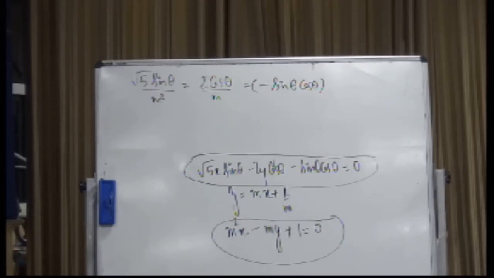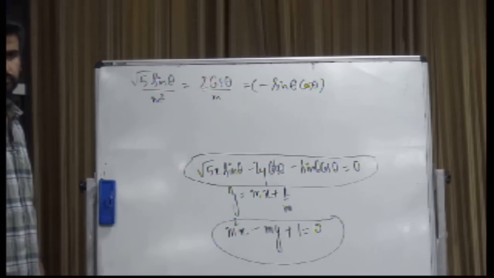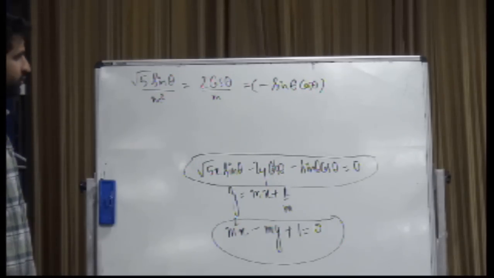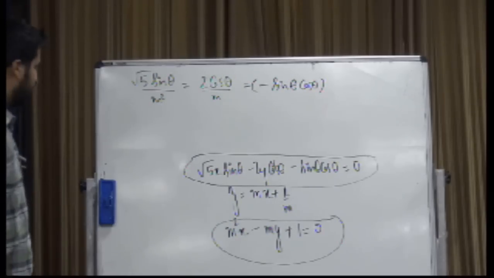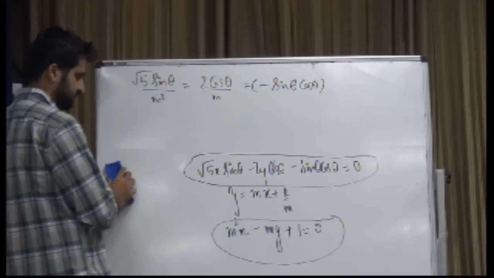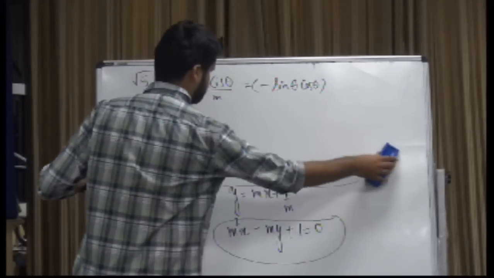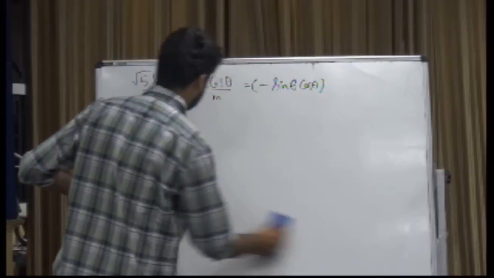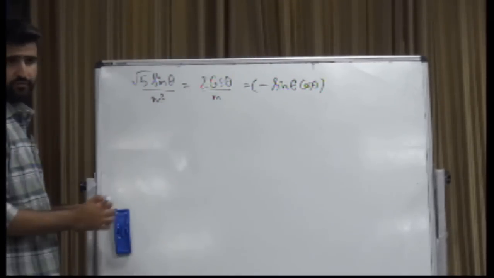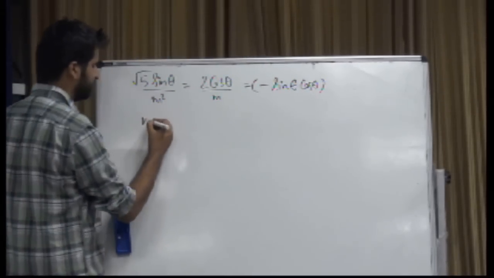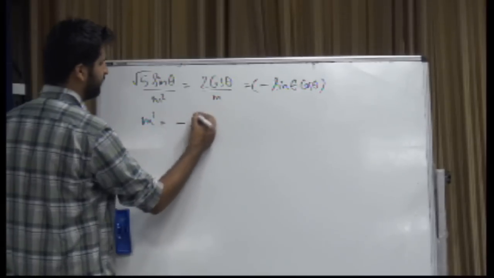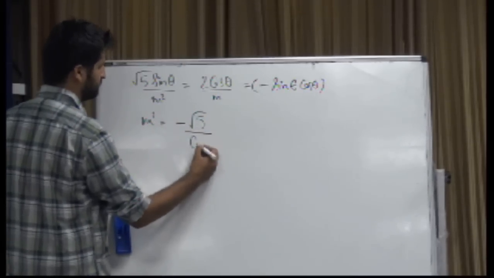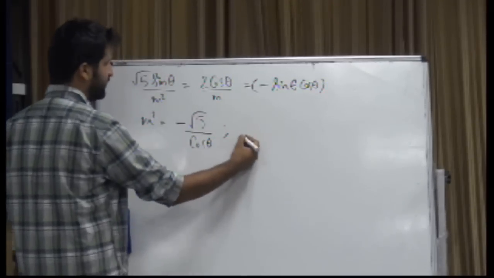Now, what you will do now? You want to find the parameter theta, right? How will you find the parameter theta? See the value of m square from here. What is the value of m square? This is minus root 5 upon cos theta. What is the value of m?